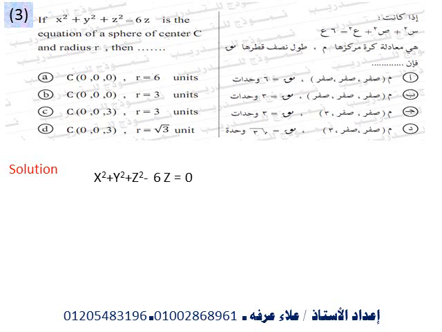The general equation of a sphere is x square plus y square plus z square plus 2lx plus 2ky plus 2nz plus d equals 0, and the center is (negative l, negative k, negative n).